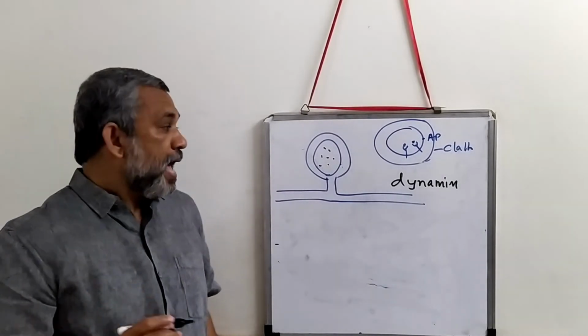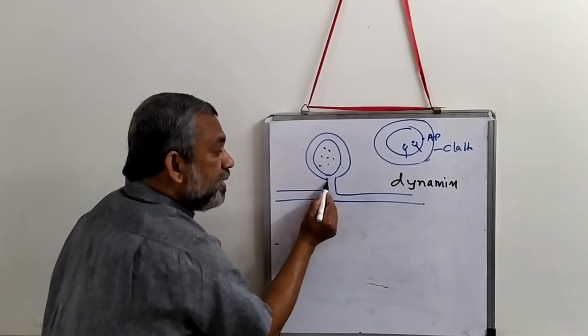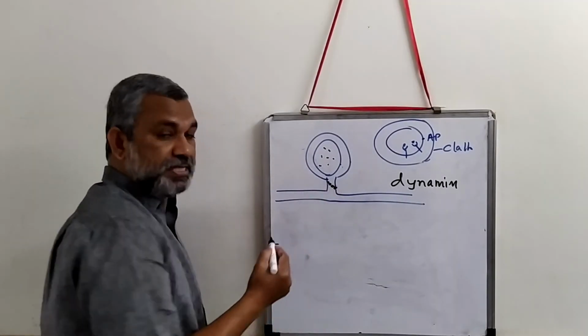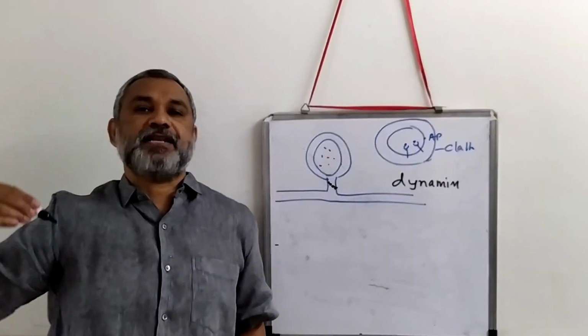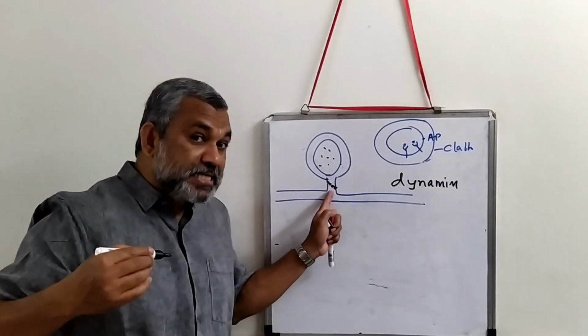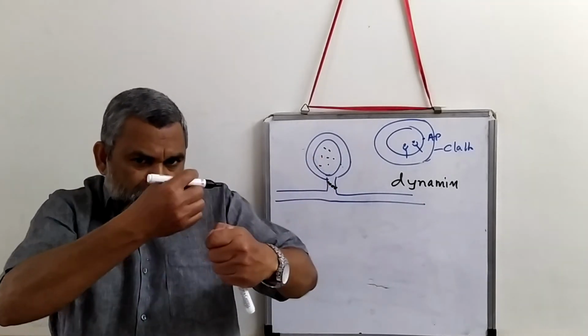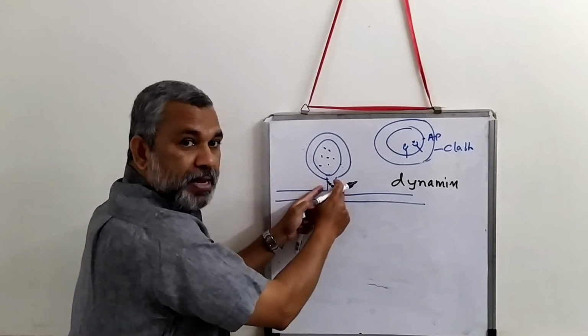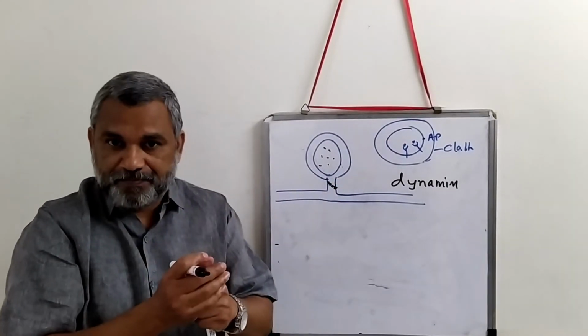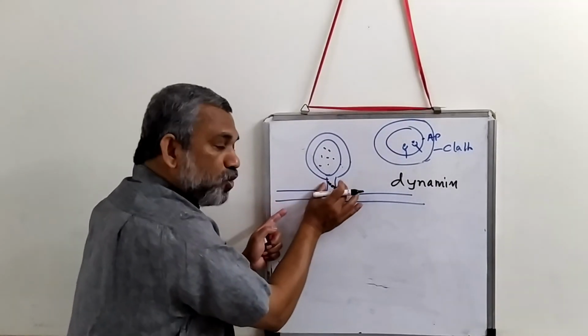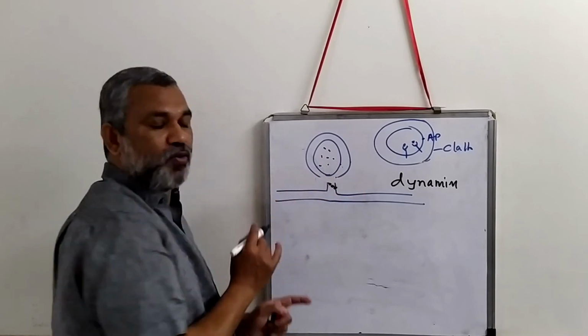This dynamin protein gets assembled around the neck of this vesicle into a kind of helical structure, and it will bring the lipid bilayer close to it. If the lipid layer is brought close, then it pinches off.